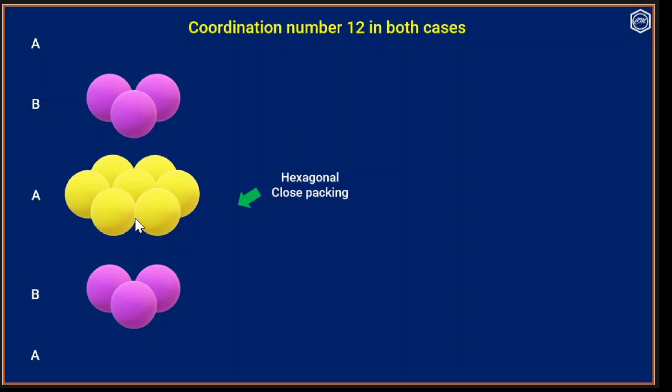Similarly, when this layer comes here, this central atom will be in touch with these 3 holes. So the central atom touches 3 from above and 3 from below. And in the same layer it touches 6 other atoms or spheres. So 6 here, 3 from here, 3 from here. So a total of 12 atoms.